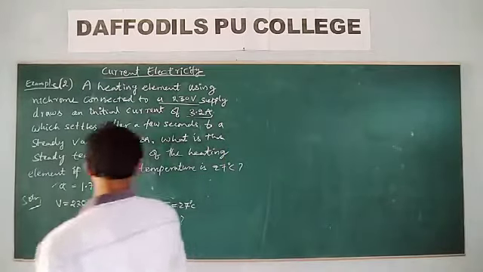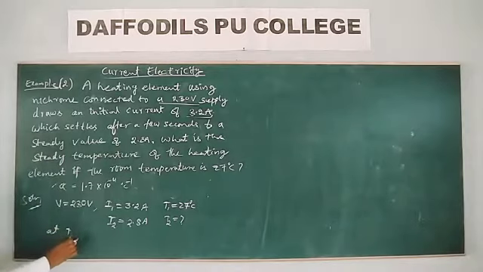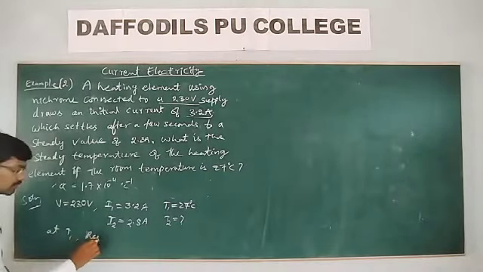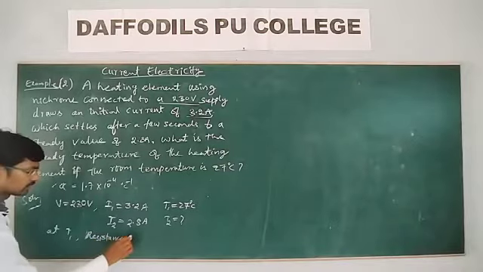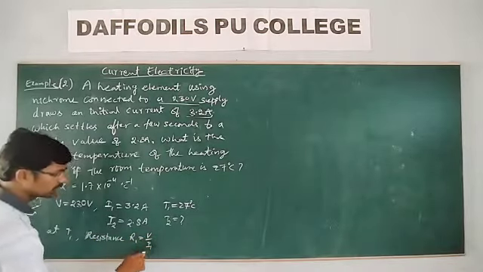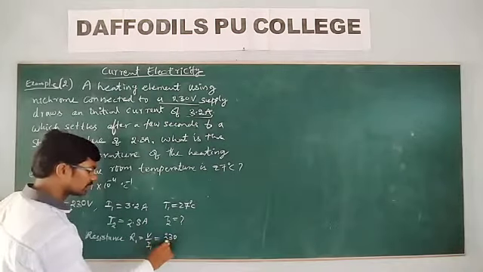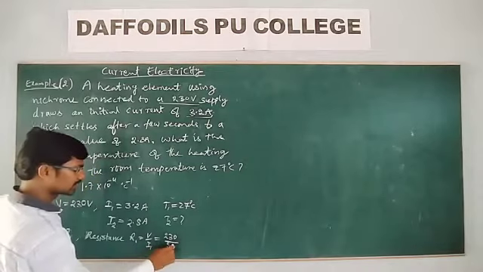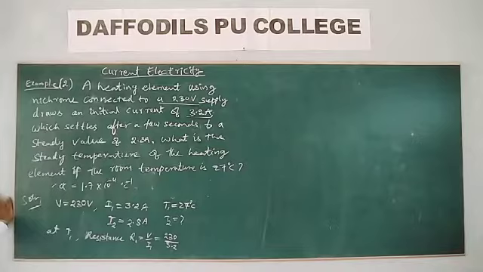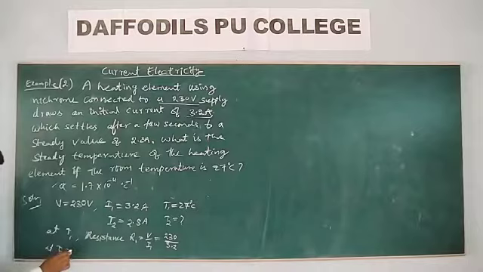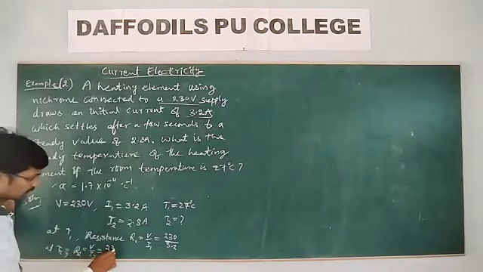At T1, what is the resistance? R1 is equal to V by I1 from Ohm's law, which is 230 by 3.2. Similarly, at T2, R2 is equal to V by I2, which is 230 by 2.8.